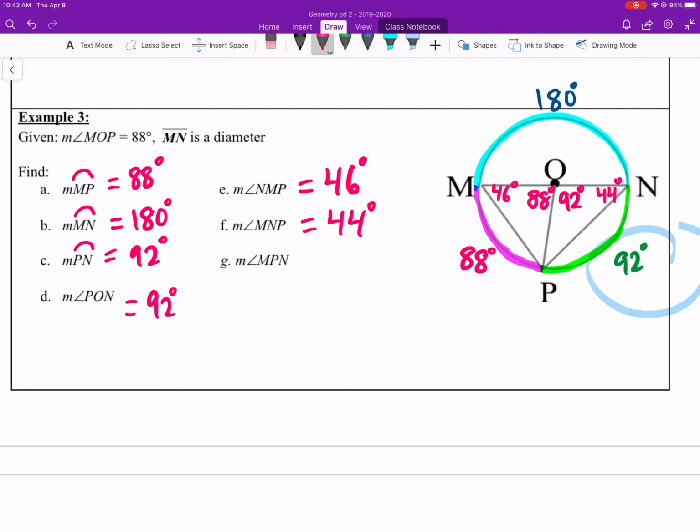MPN is this angle here to there. Now what you could do, you could find this angle there. The three angles of a triangle, 46, 44, and what makes 180 degrees, so try that out.